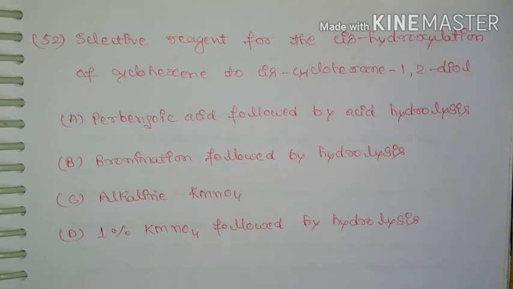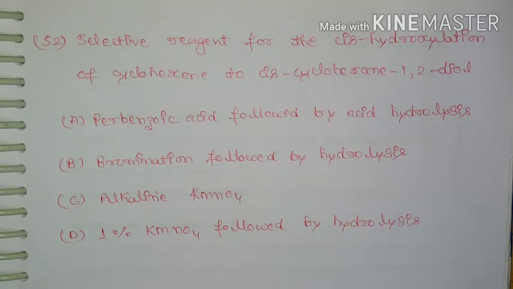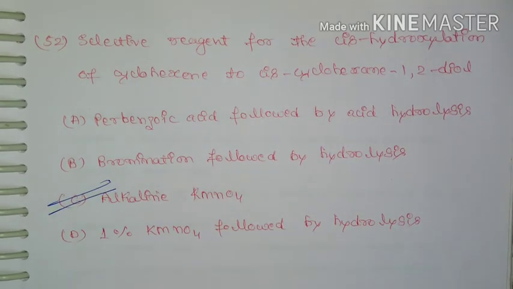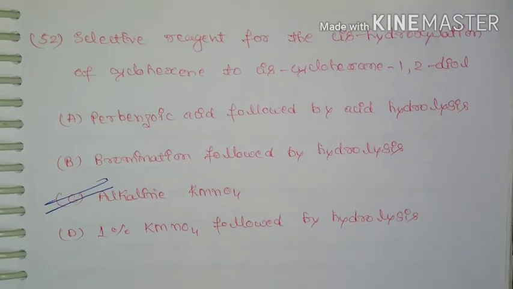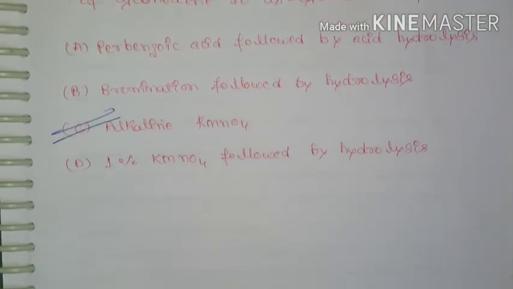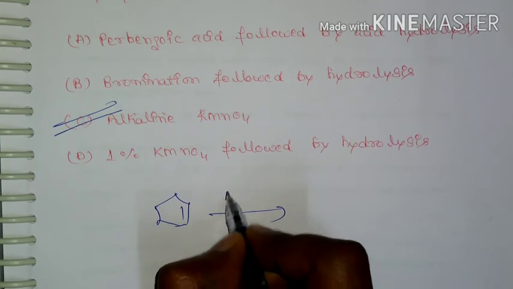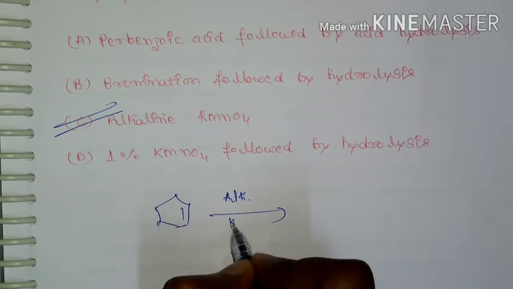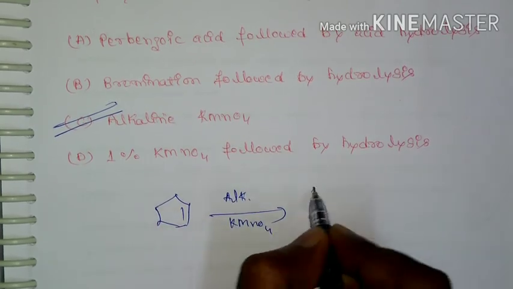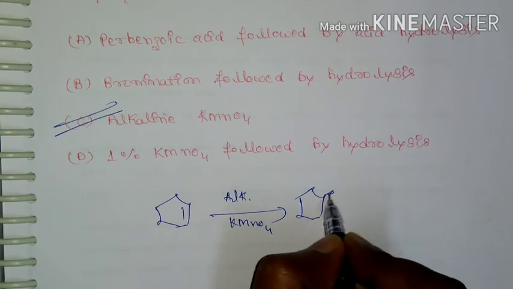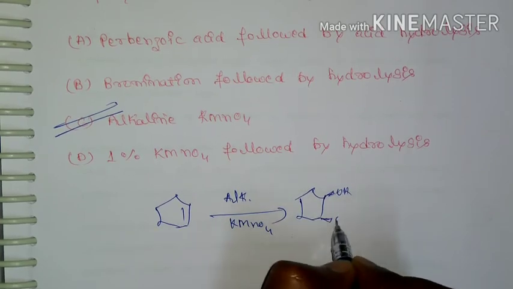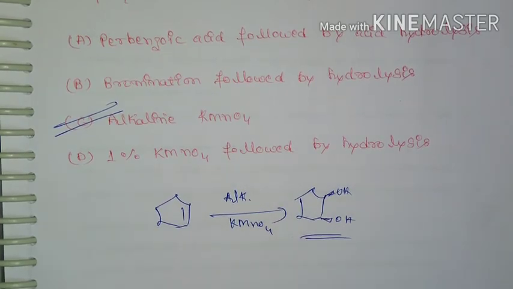Next question, 52nd: selective reagent for cis hydroxylation of cyclohexene to cis cyclohexene diol. Just write, that is alkaline KMnO4 will give you the cis diol. Means if we take cyclohexene and treat it with alkaline KMnO4, then we are going to get the cis hydroxyl compound.